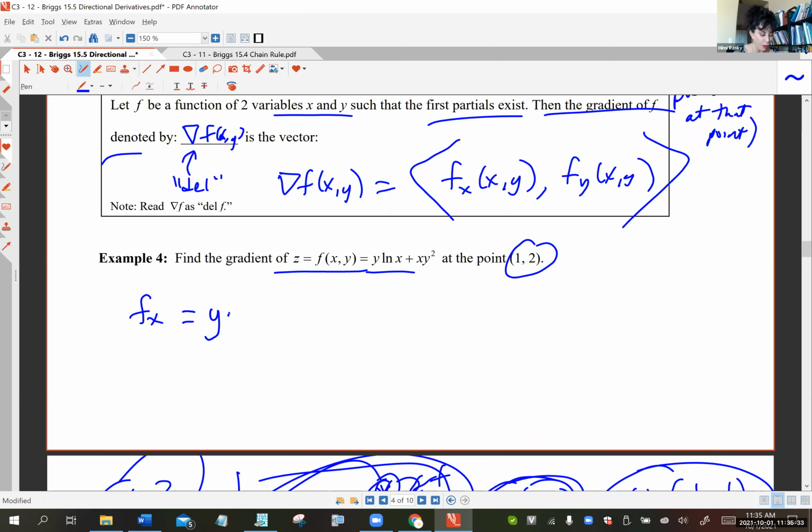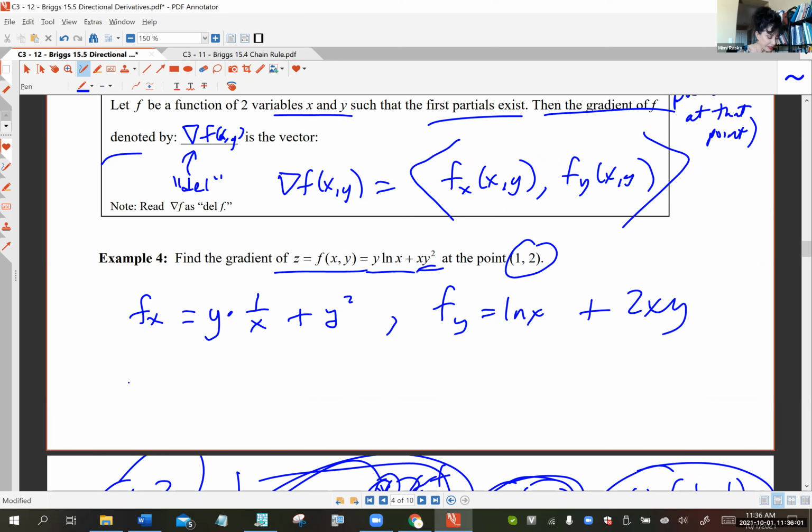The first term will be y times the derivative of ln x, which is 1 over x, plus the derivative of x y squared with respect to x, which is just y squared. The other first partial, with respect to y: the derivative of y times ln x is ln x, plus the derivative of x y squared with respect to y is 2xy.